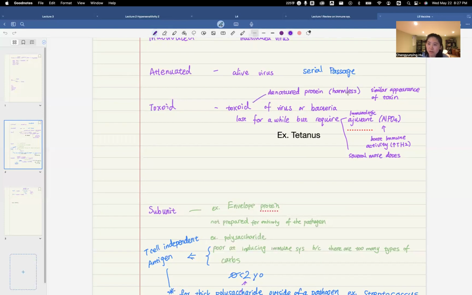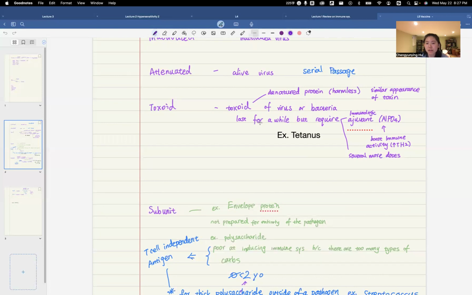That's why it's harmless. And because it's harmless and it's denatured protein, it's not going to have a strong memory of this virus or bacteria.